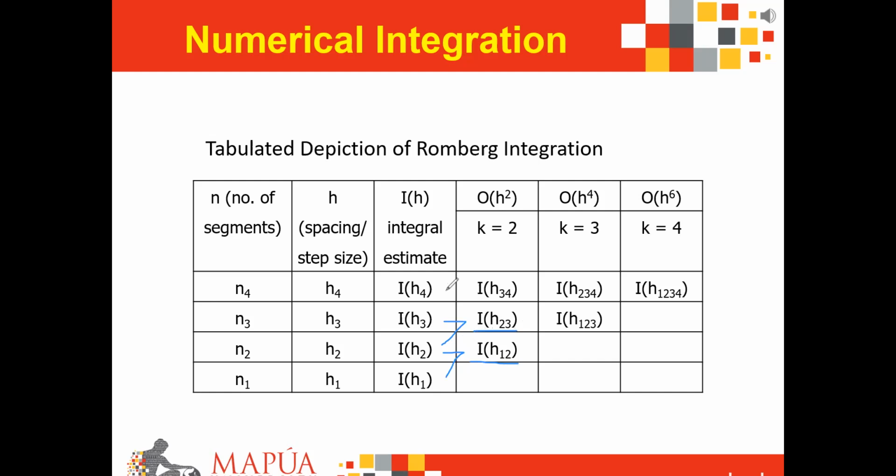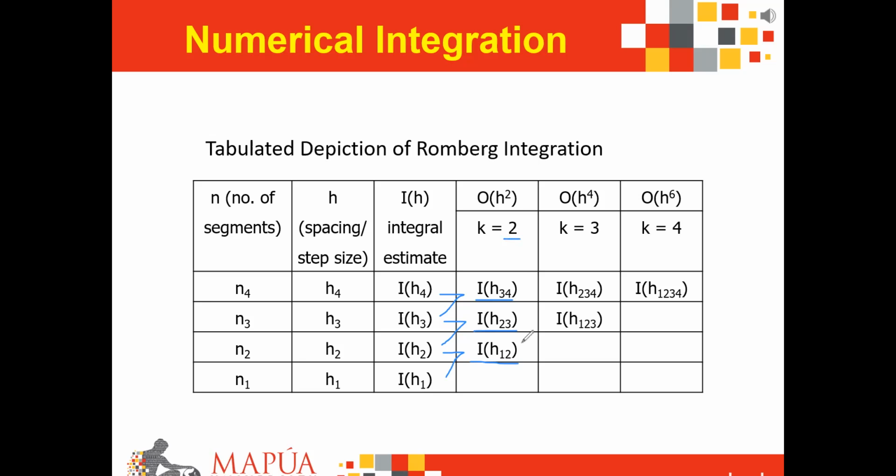Okay, next, I improve the integral estimate this time using IH4 along with your IH3. So we know that IH4 is the more accurate integral value, while your IH3 is the less accurate integral estimate. And then solve for IH34. Note that the extrapolation order applied here are all 2. Okay?